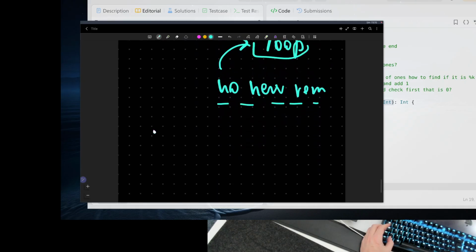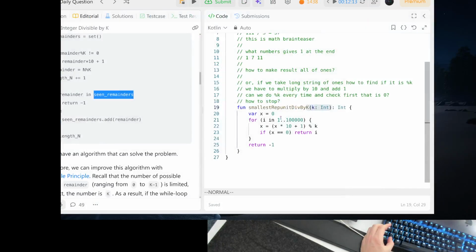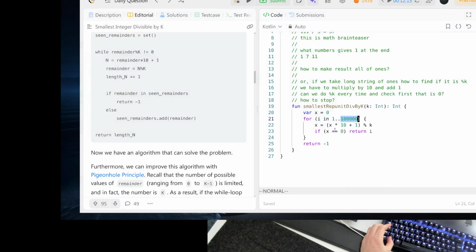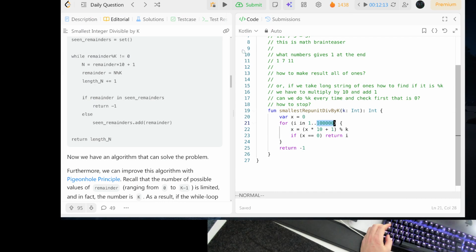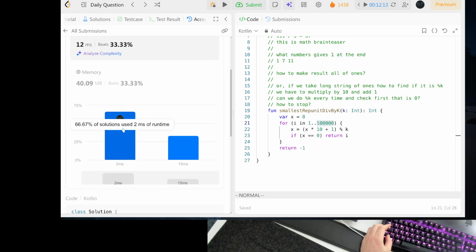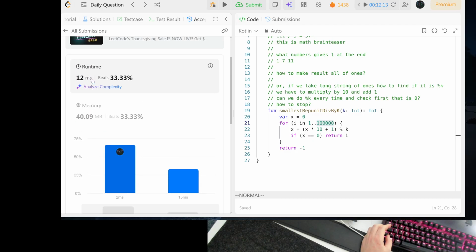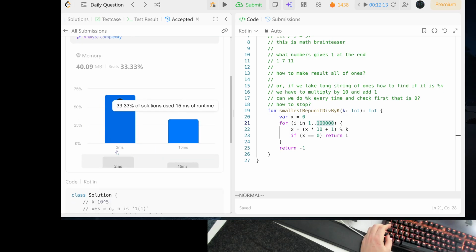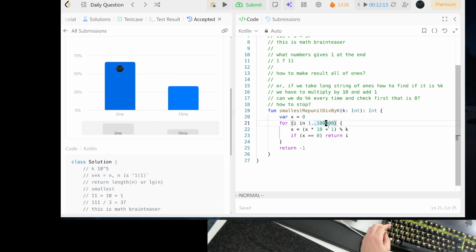However, 10 to the power of 5 iterations is generally acceptable for one solution. However, you see that my solution is 12 milliseconds and the optimal solution is 2 milliseconds. So it can be improved by this proof.